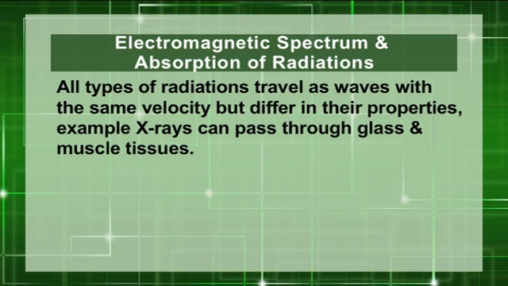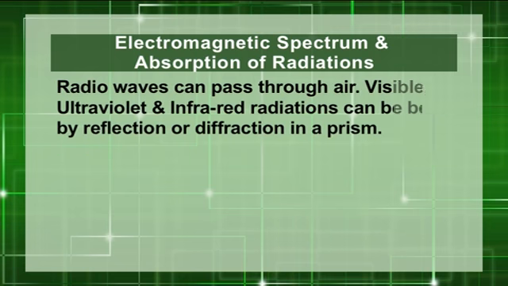All types of radiation travel as waves with the same velocity, but differ in their properties. For example, X-rays can pass through glass and muscle tissues. Radio waves can pass through air. Visible, ultraviolet and infrared radiation can be bent by reflection or diffraction in a prism.